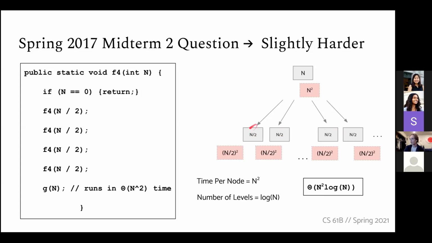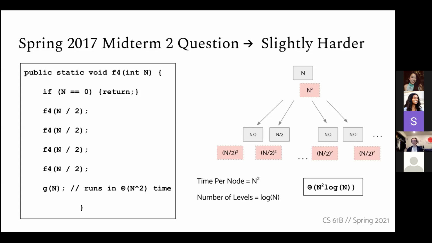So for our second layer here, we have 4 nodes, each one doing n squared over 4 work. Well, the next layer, we have 16 nodes, each doing n squared over 16 work. So there's a nice cancellation here because we have n squared over a constant, but that constant is the number of nodes we have in that layer. So each layer is going to end up being n squared work. Does that make sense?